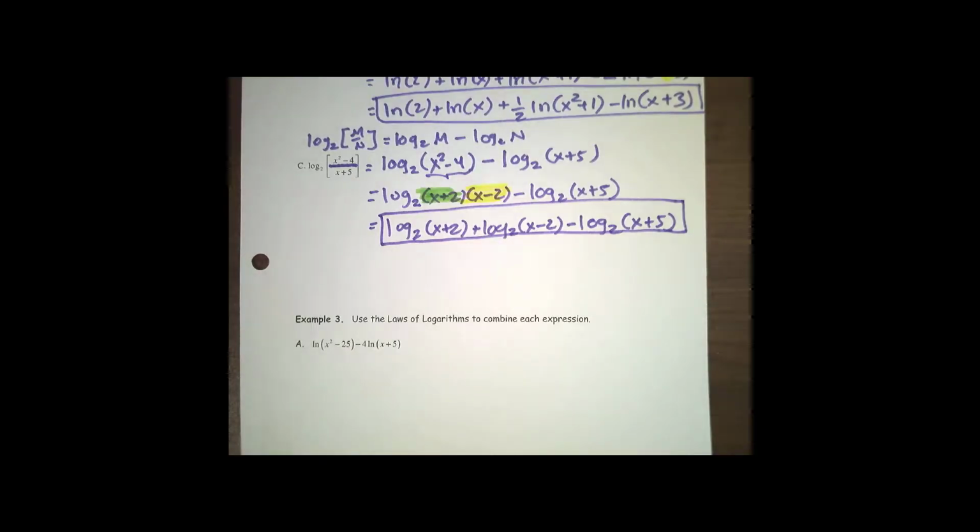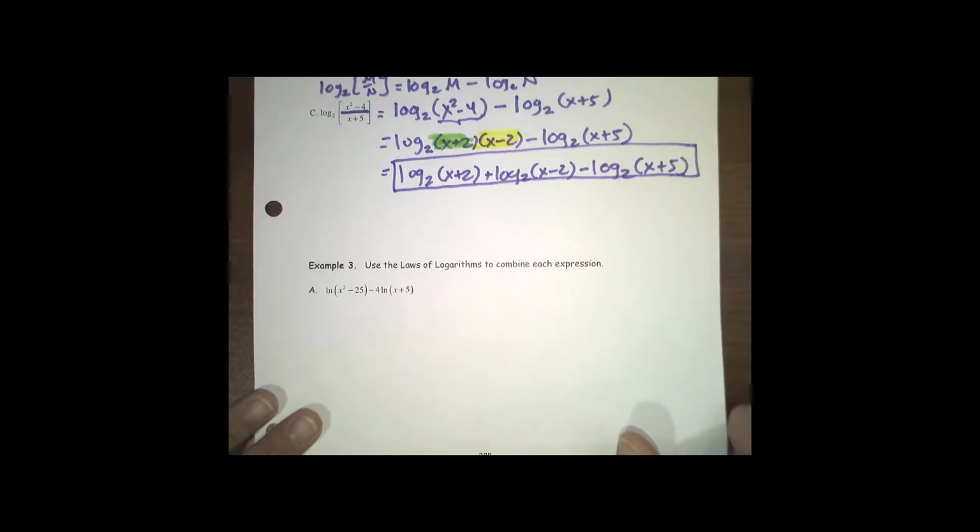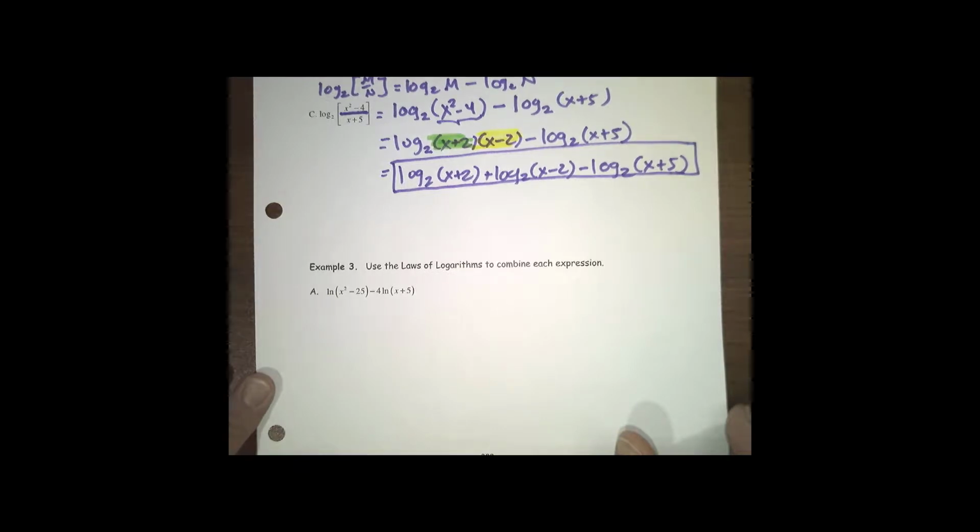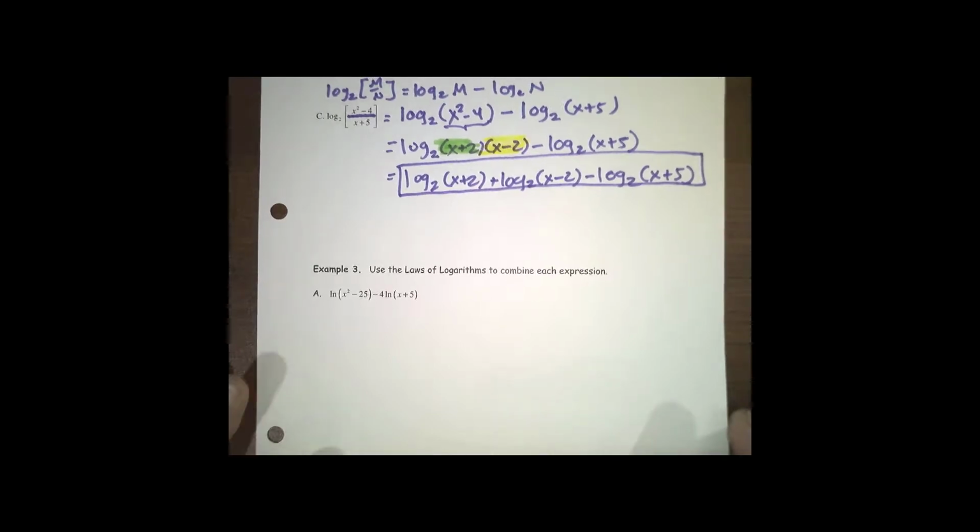All right, let's do another example here of using the logarithms to combine each expression. So we have natural log of x squared minus 25 minus 4 times the natural log of x plus 5. Remember, when I'm expanding the expression, I deal with the exponents first.